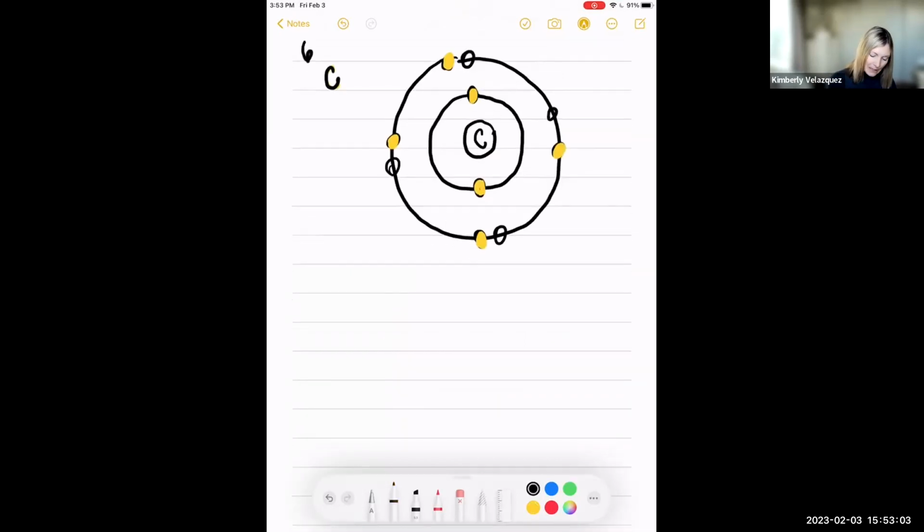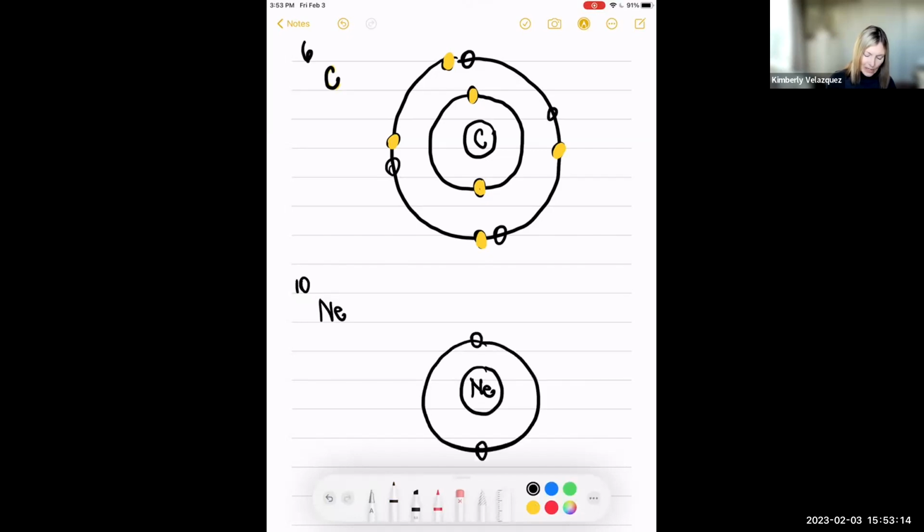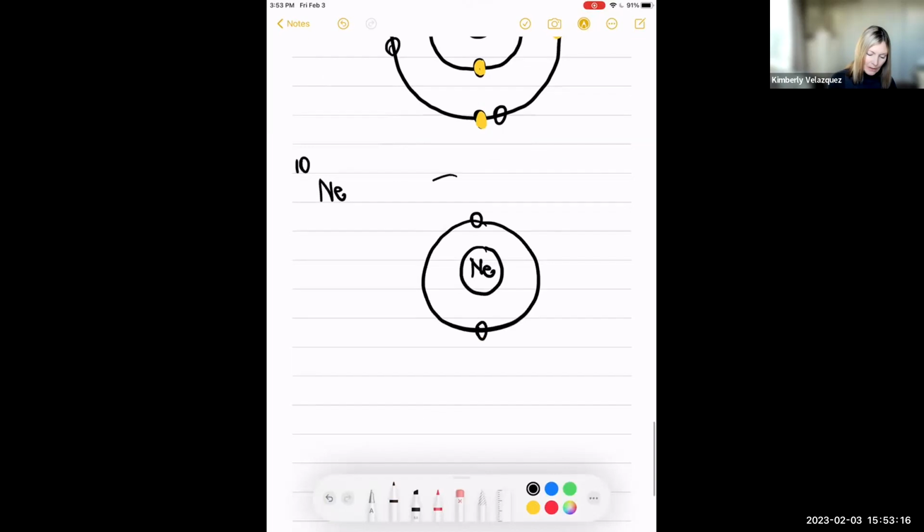How about neon? Atomic number 10. First electron shell holds a maximum of 2.